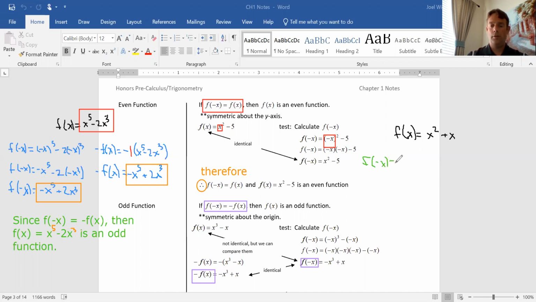I'd get a negative x squared plus a negative x. That means that f of negative x is a positive x squared minus x.